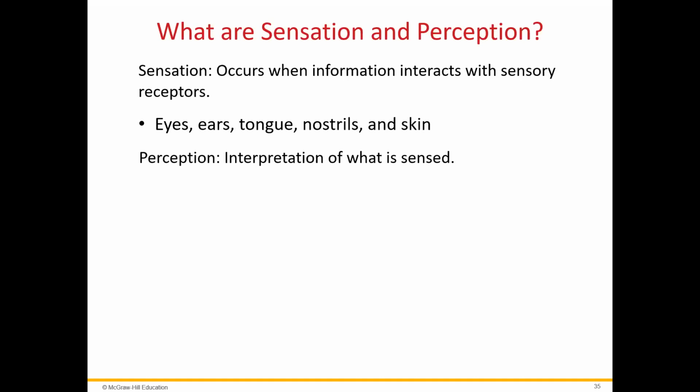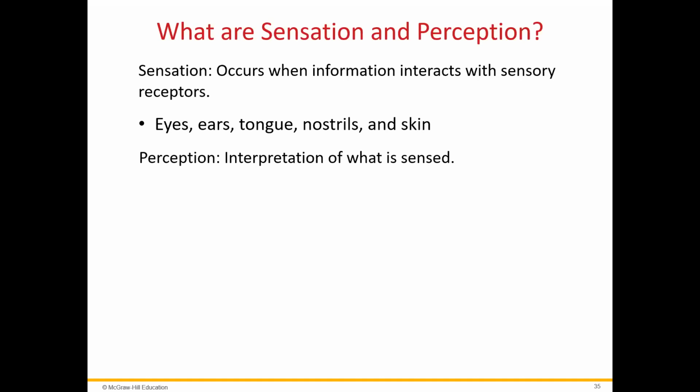When sound waves hit my ear, the ear converts the sound waves into neural impulses. When taste molecules hit the sensory receptors in my tongue, it converts it into, you guessed it, neural impulses. And the same with the other two. There are odorant molecules that get converted into neural impulses, and your skin has different types of sensory receptors to detect touch and pressure and heat and cold, and they all get converted into neural impulses.